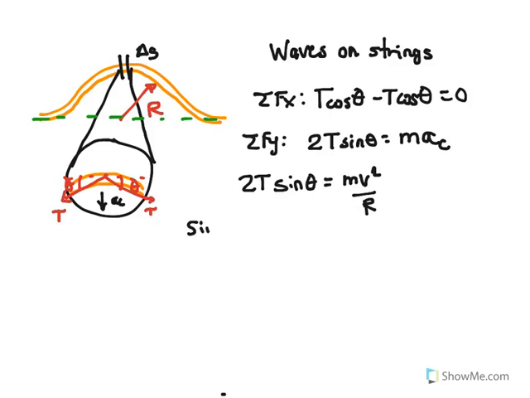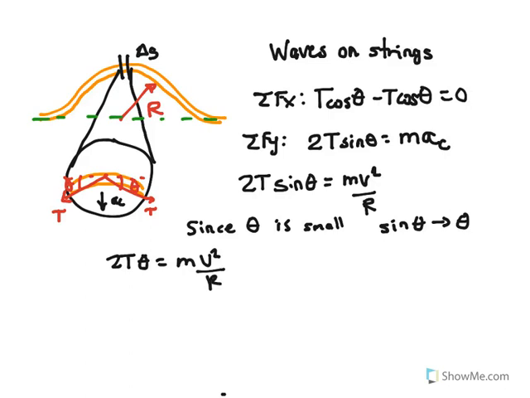Now, since the angle theta is small, then the sine of theta tends to the angle theta, such that we can rewrite this as 2T theta is going to be equal to mv squared over radius.